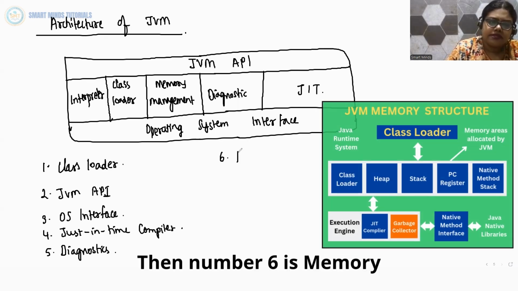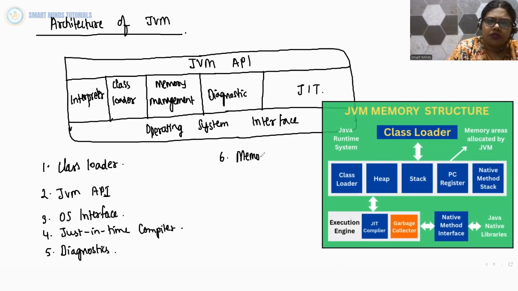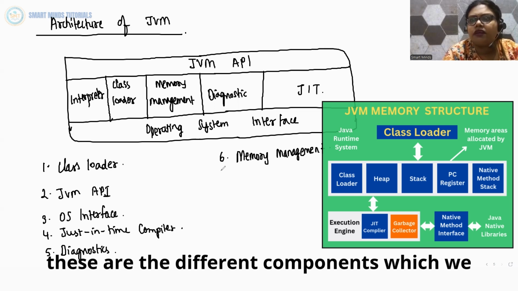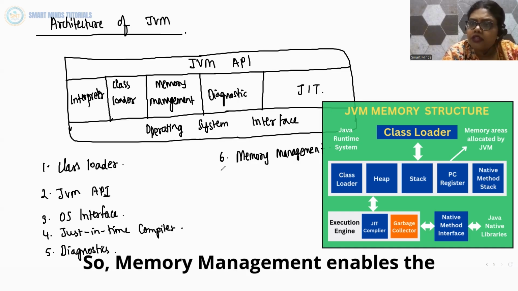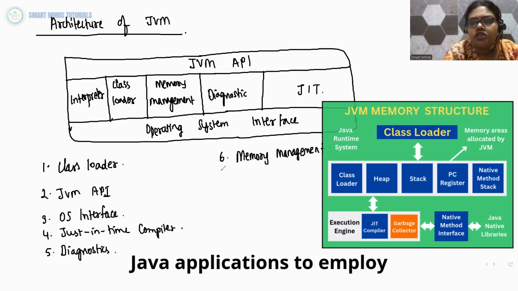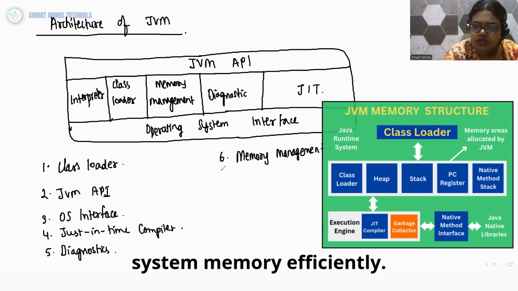Then number six is memory management. So these are the different components which we are listing. Memory management enables Java applications to employ system memory efficiently.